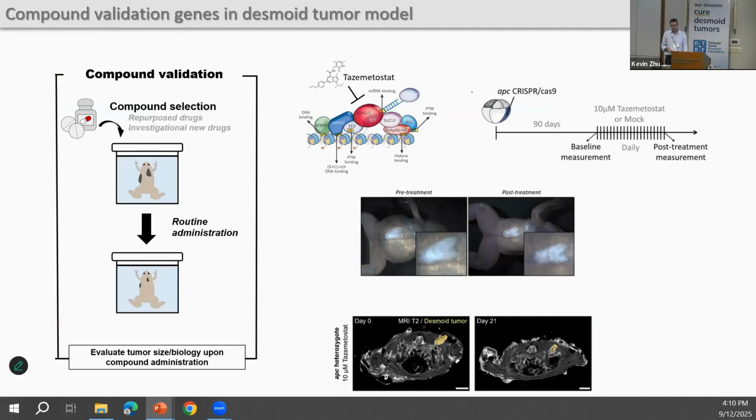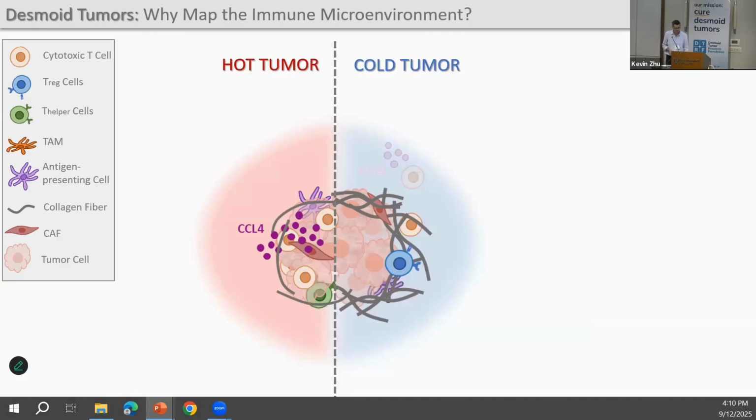Now, when we put the drug on cell culture, we don't see any particular tumor-specific responses, which makes us think that the effect of the drug is indirect. And of course, we got interested in the immune system.